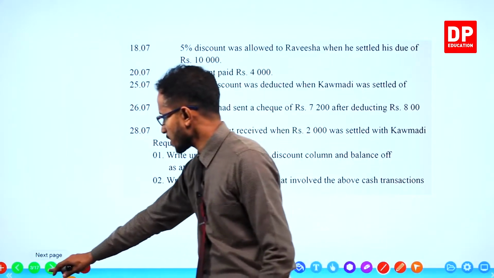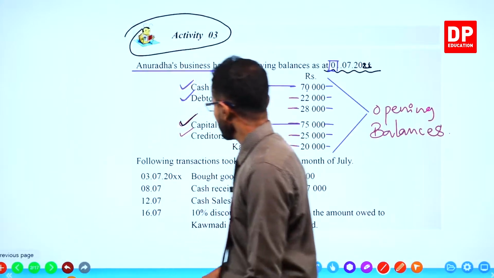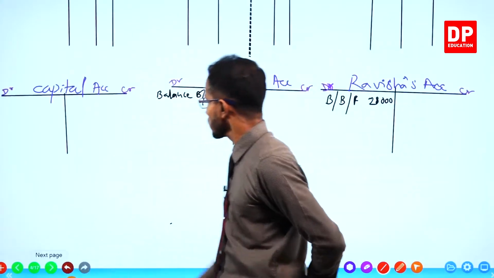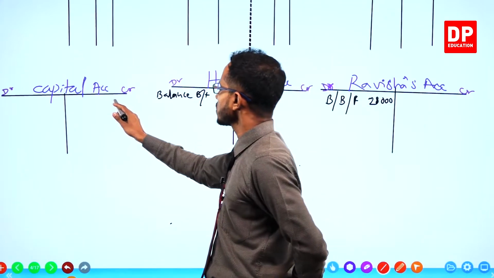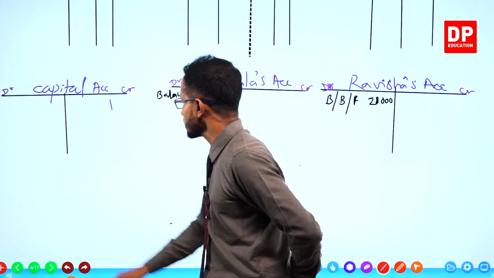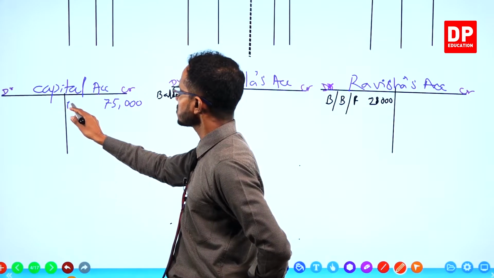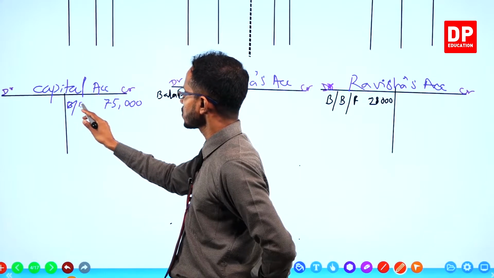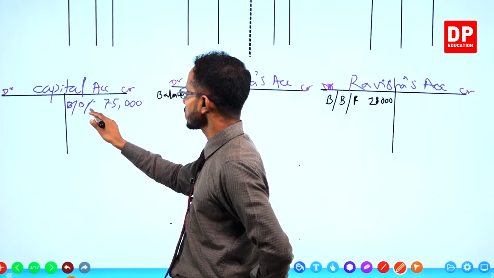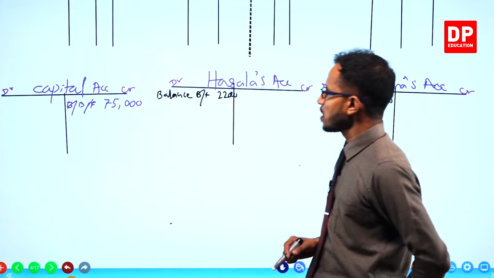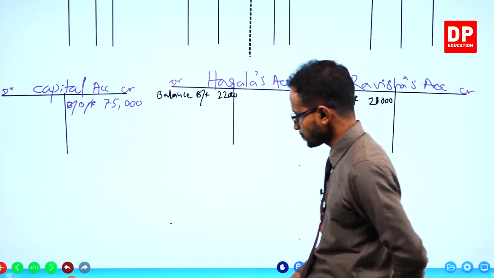So in the capital account, 75,000 should go to the credit side, the opening balance of the capital account. BBF, balance brought forward. There you go.